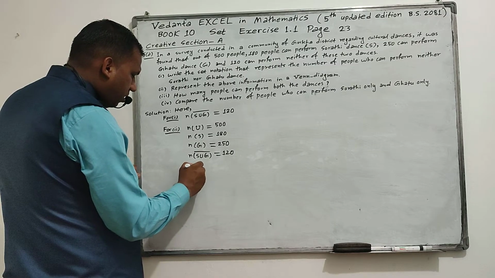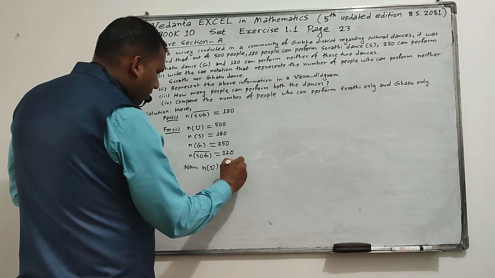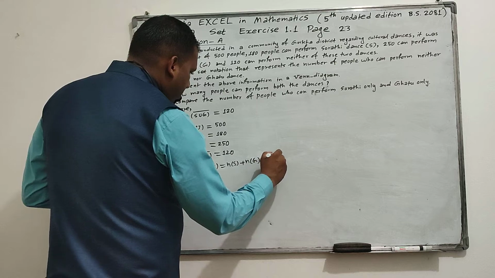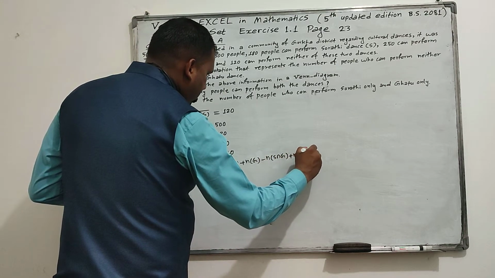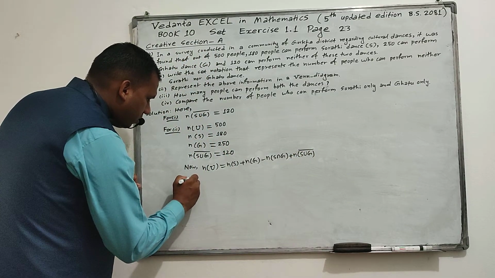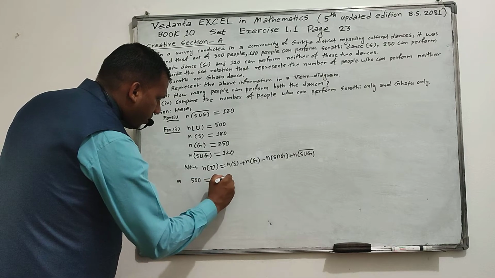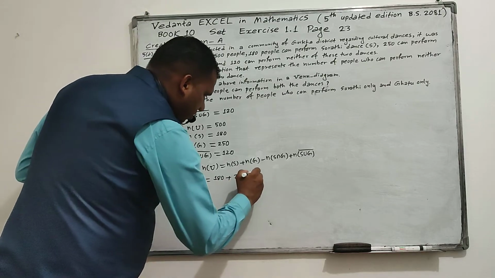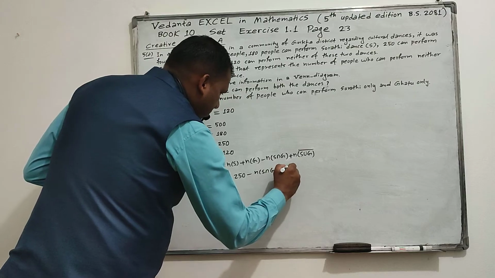Now using the formula, number of U equal to number of S plus number of G minus number of S intersection G plus number of S union G whole complement, or 500 equal to 180 plus 250 minus number of S intersection G plus 120.